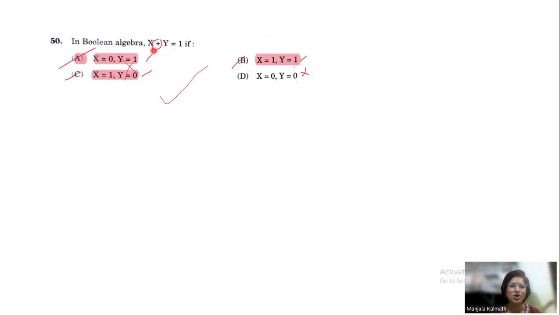This is called OR: X or Y, X plus Y, the addition formula. So in OR, when all the inputs are false, then only the output will be false. In the rest of all the cases, it will be true. If it is a multiplication sign, then it will be considered as AND. In the case of the AND gate, when all the inputs are true, then only the output will be true. Otherwise, it is false.